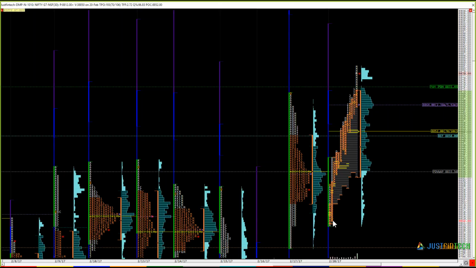The B period opens just off that lows and then drives above the open of the day. A pullback in the C period to the open, an inside bar, but not able to fetch any selling pressure. The volume was low at that time and the D period finally breaks above the IB.